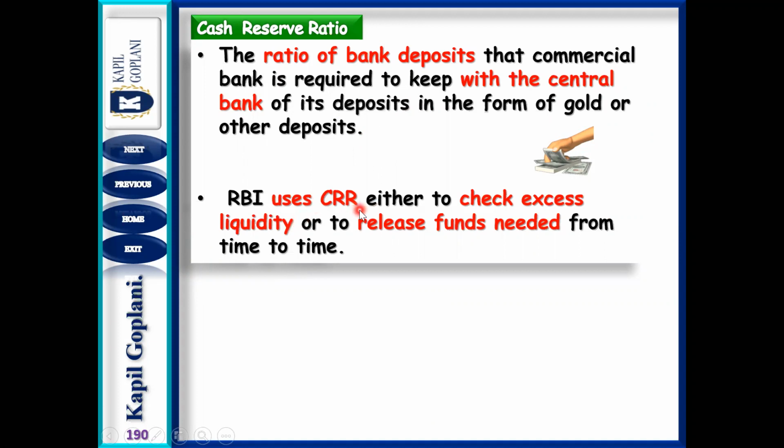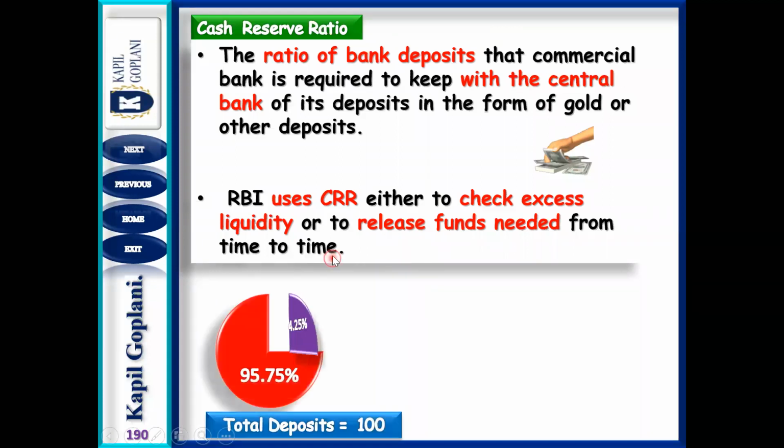RBI uses the CRR either to check the excess liquidity or release funds from time to time. This portion has to be deposited with the RBI. It is the ratio of the bank deposits. Maybe suppose 5%, 6%, or 7%, decided by RBI, and that percentage of total deposits you have to keep with the Reserve Bank of India. So RBI can use CRR also.